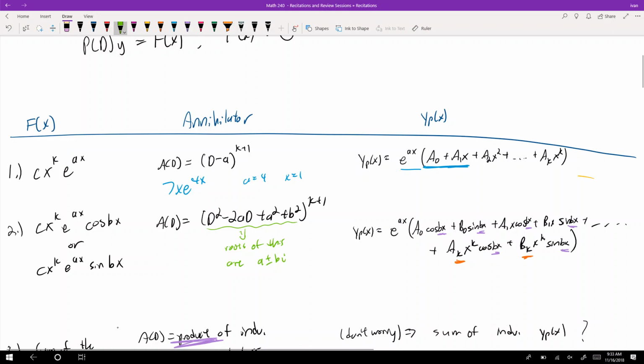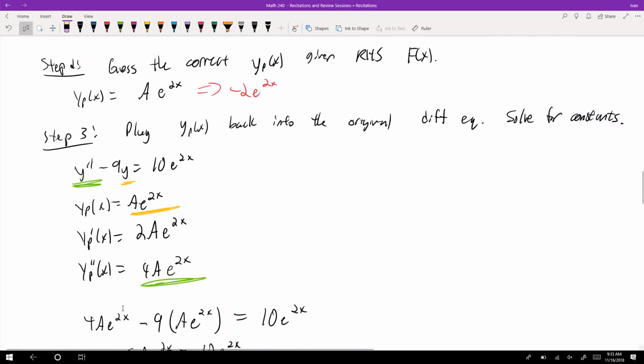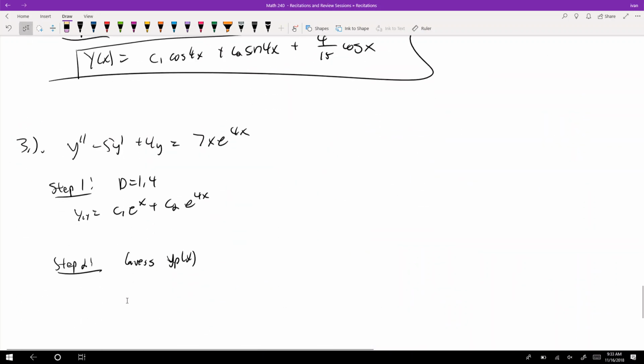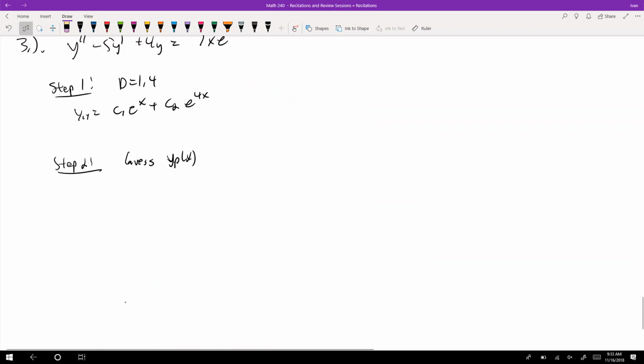So I'll have e to the 4x times a naught plus e to the 4x times a1x. So let's say yp of x is equal to a naught e to the 4x plus a1x e to the 4x.